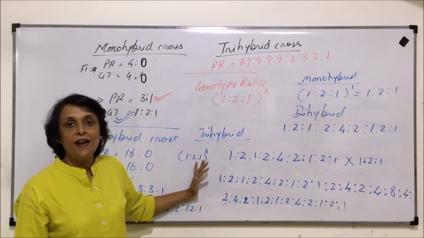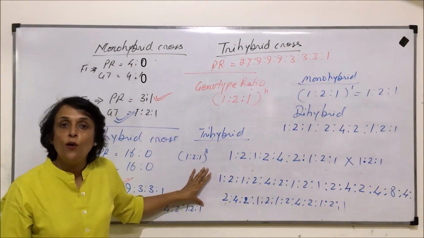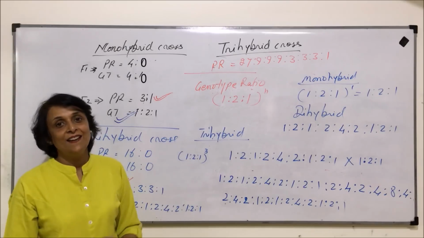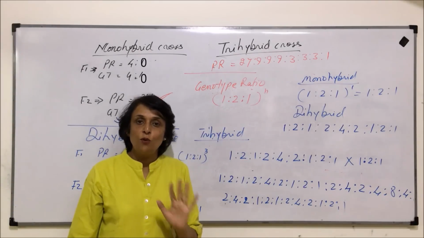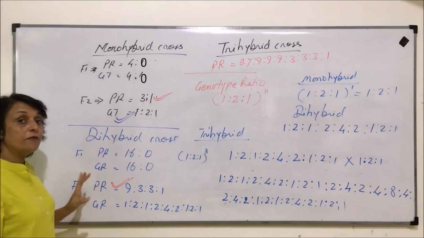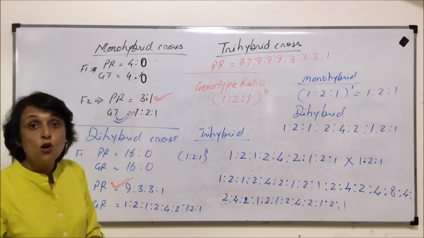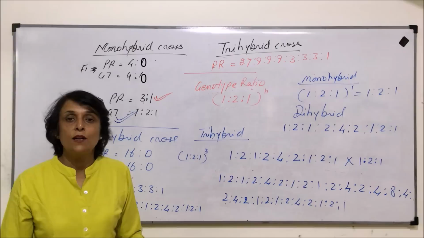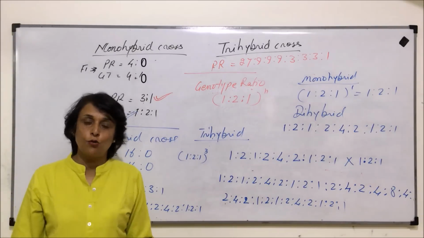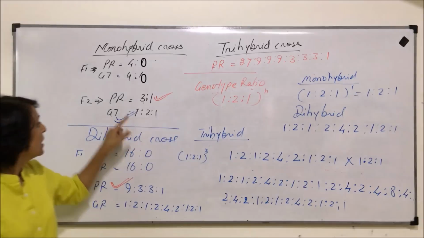So in case of a trihybrid cross, we can depend on these general formulae by which we can reach these ratios. So in case of a monohybrid cross, phenotype, and we are talking of F2 ratios, because in F1 all offspring produced are going to be showing dominant traits, and they are all going to be heterozygous for whatever traits they are showing.